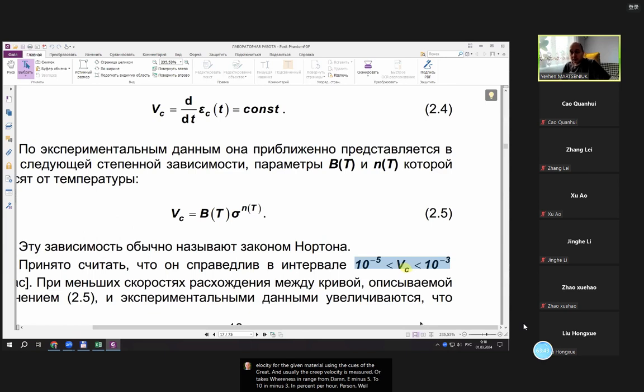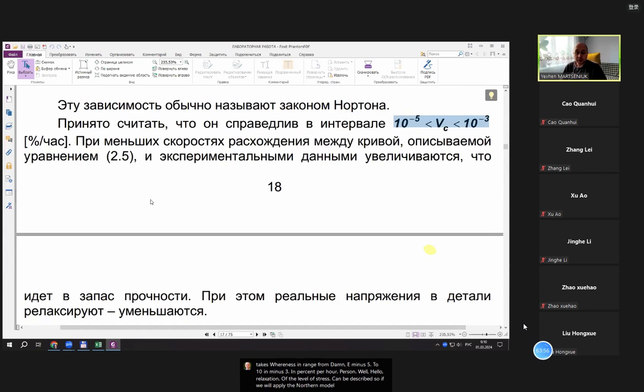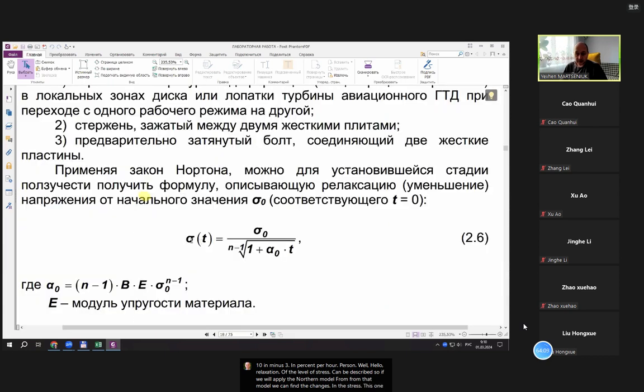Well, relaxation of the level of stress can be described. If we apply the Norton model, from that model we can find the changes in stress with time.